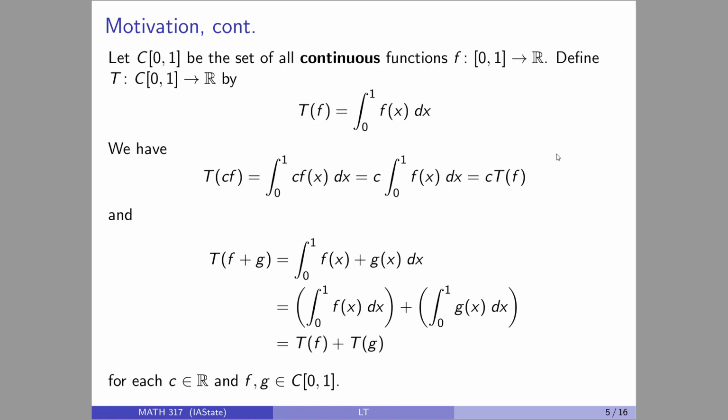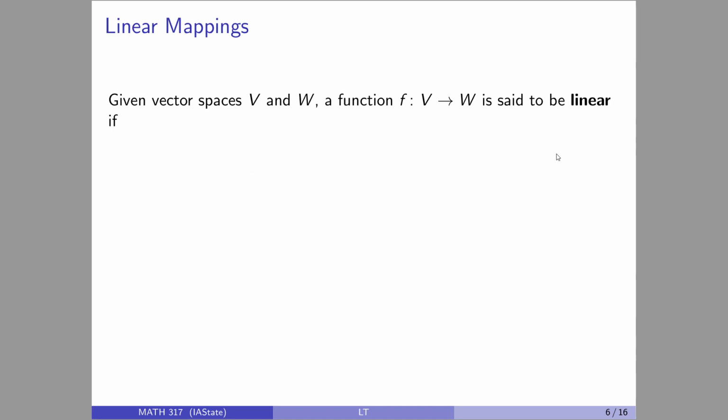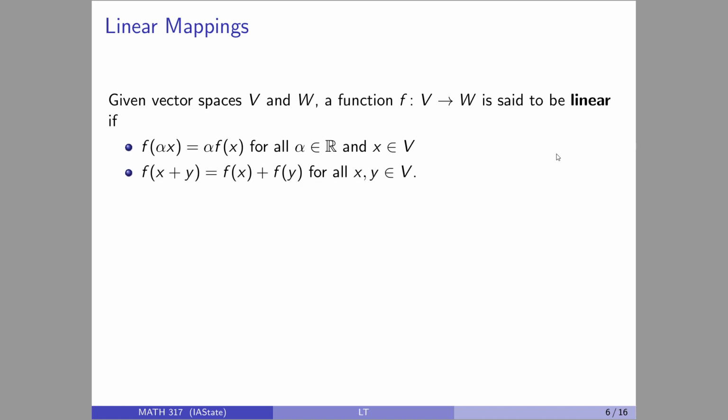We've seen four different functions in wildly different settings, and these functions all shared a commonality. They respected scaling and they respected addition, the key ingredients of a vector space. So, probably a good idea to give something that does that a name. Given vector spaces V and W, a function between them is linear if it respects scaling, so you can pull scalars out, and it's additive, it respects addition.